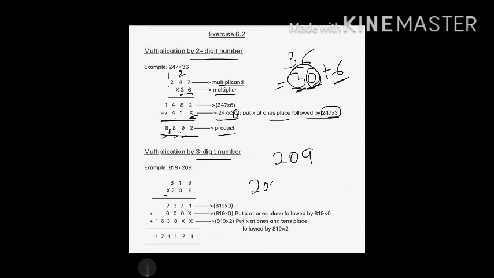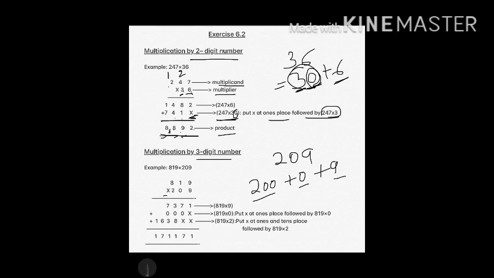That means if I write the expanded form, how will it become? 200 plus 0, because here no number is there, so I will be putting 0 here, and then 9. So first I will multiply with 9. In the second case I will be multiplying with 0. And in the third case I will be multiplying with 200.